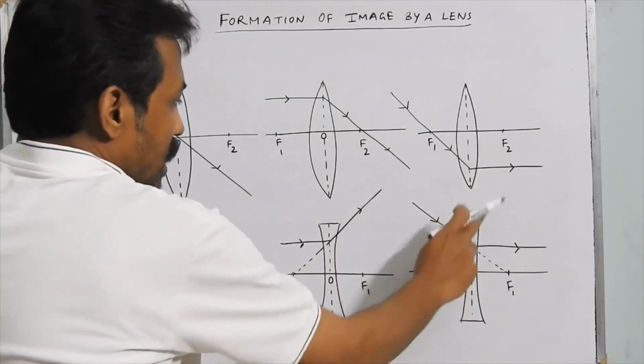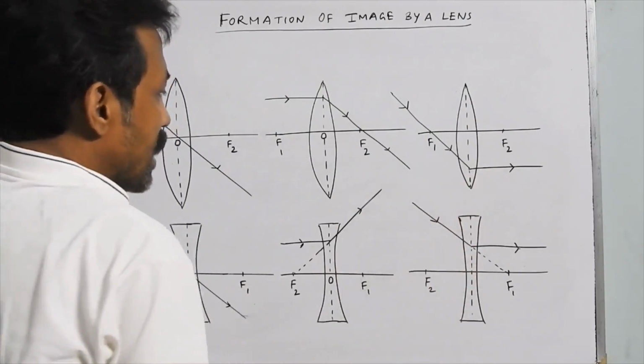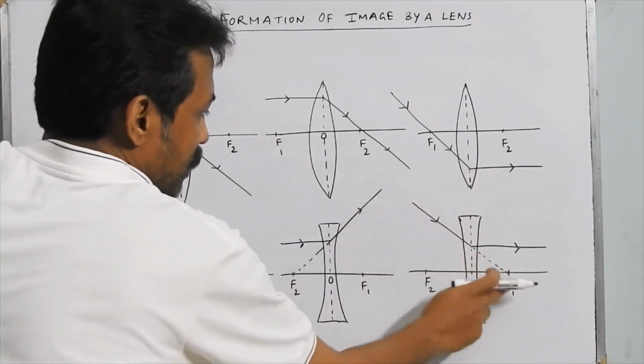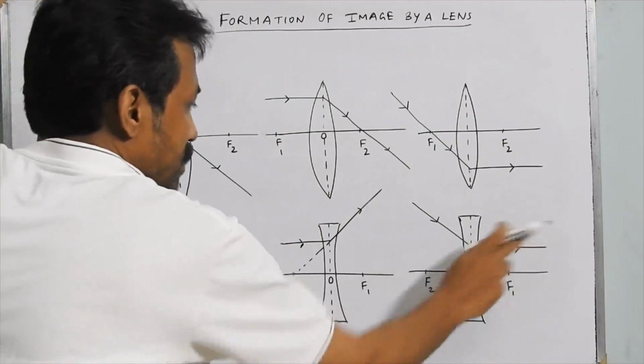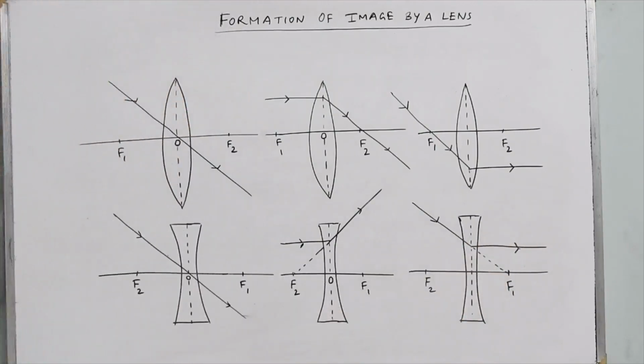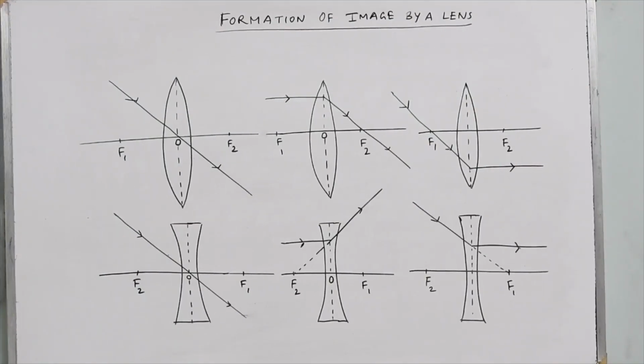Whereas in case of a concave lens, if you take a ray which is directed towards the first principal focus, then after refraction that ray becomes parallel to the principal axis. So these are the three types of rays, or you can call them principal rays, for constructing ray diagrams. So we now move on to draw the ray diagrams in case of both convex lens and concave lens.